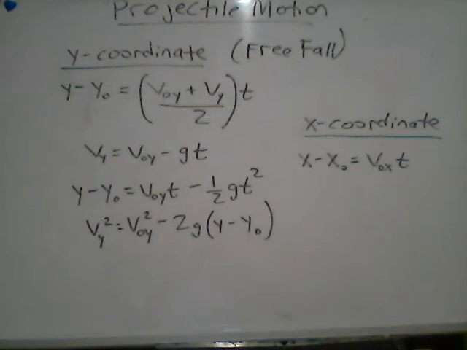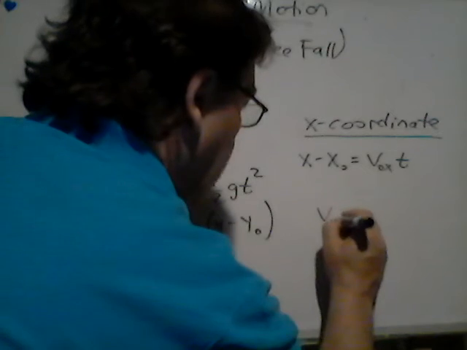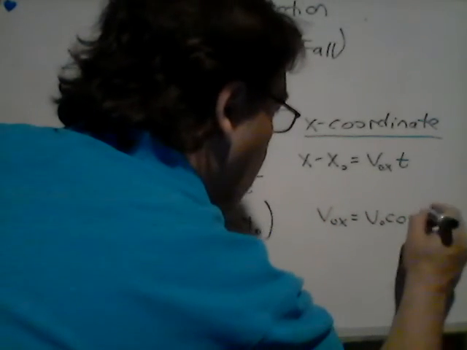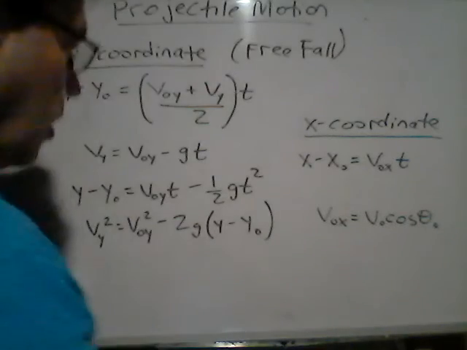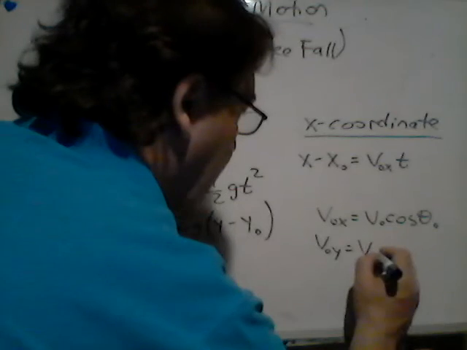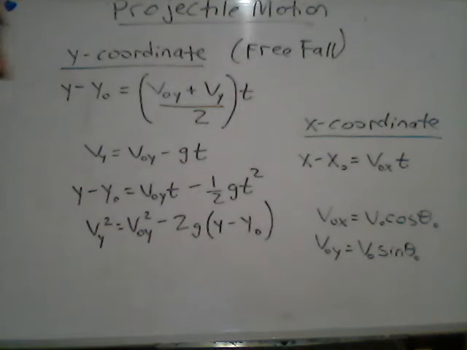We know specifically that v naught sub x is v naught cosine theta naught, and v naught sub y is v naught sine of theta naught. These are constants. They are determined at the beginning of motion, at the launch.